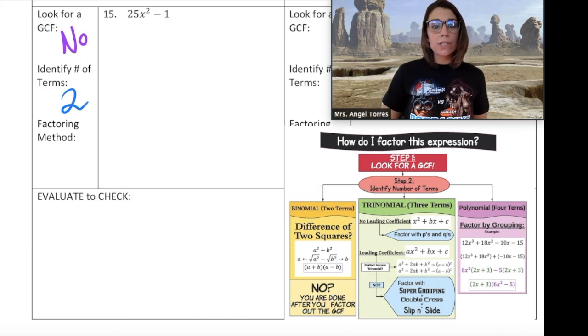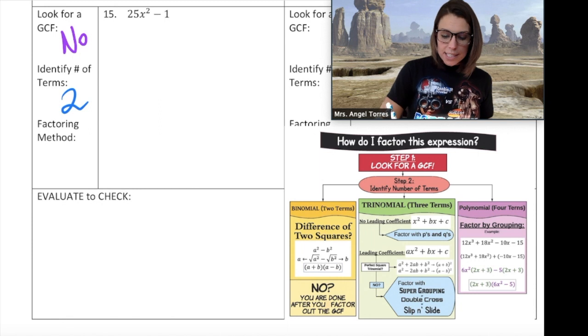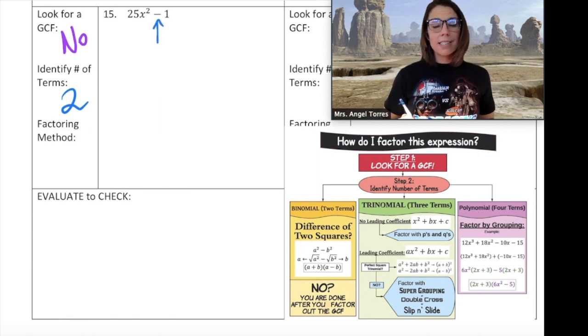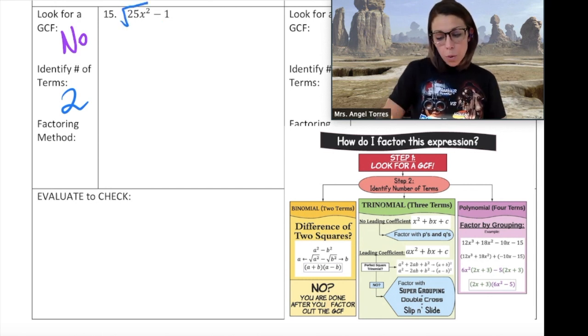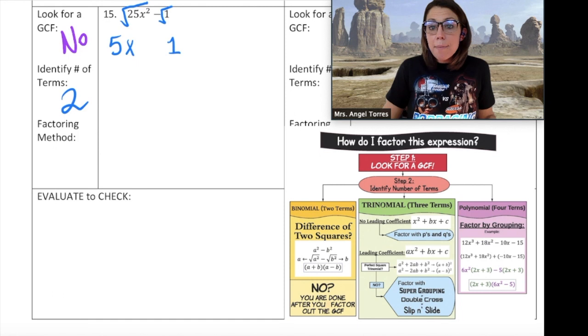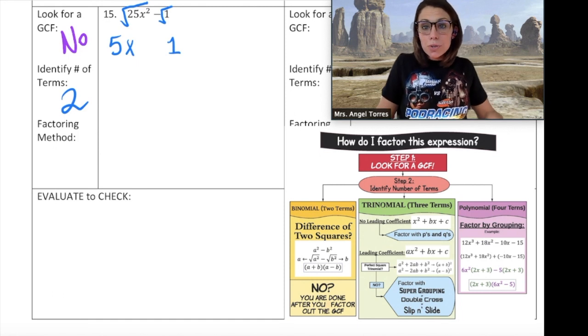Let's see if it's a difference of 2 squares. First of all, is it a difference? Yes. Does it have 2 terms? Yes. Are both terms perfect squares? Let's see. Square root of 25x squared is 5x, and the square root of 1 is 1. That means this is a difference of 2 squares. So go ahead and finish factoring this one now.